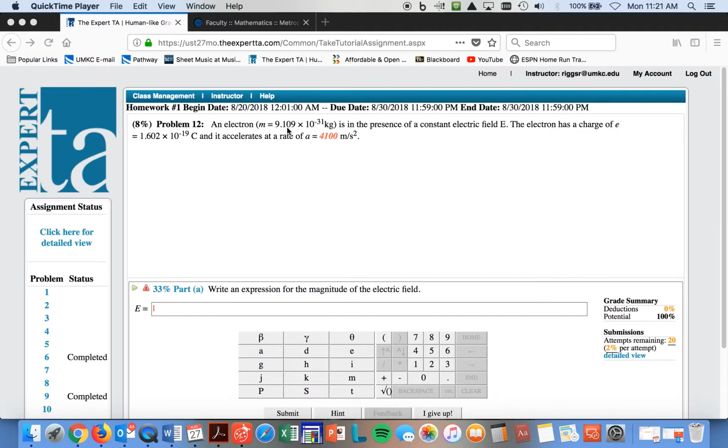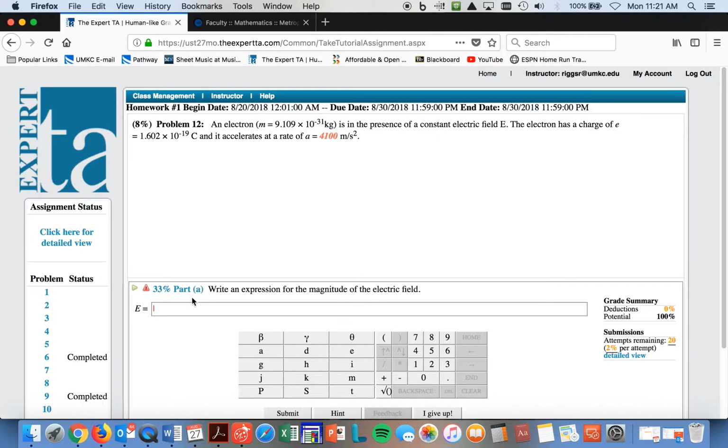Okay, so we've got a mass and we've got an acceleration. So what do we have here? We have a force, correct? So in problem 12, they want to know what the electric field is. They ask: write an expression for the magnitude of the electric field.